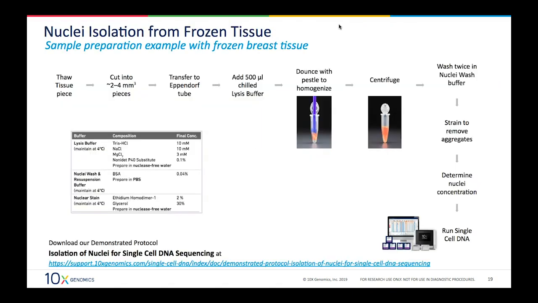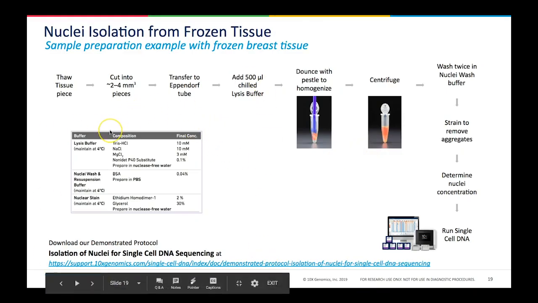And we can go over this actually if you go on the 10x Genomics website in the demonstrated protocols. We have given a protocol for how to isolate nuclei for single-cell DNA sequencing. It comes full with all the steps to follow and recipes for your lysis buffers and everything.